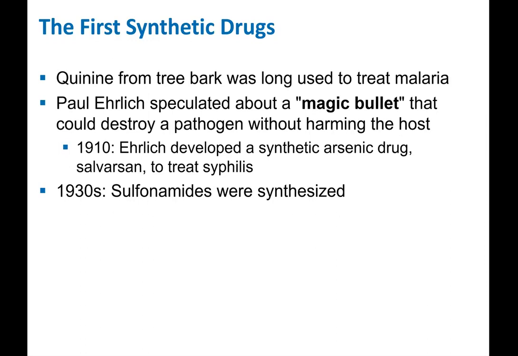We also, of course, at the time looked at natural products that worked, like quinine from tree bark to treat malaria. And then we synthesized what we kind of call antibiotics, although sulfa is not necessarily a true antibiotic, but we did synthesize sulfa drugs in the 1930s.